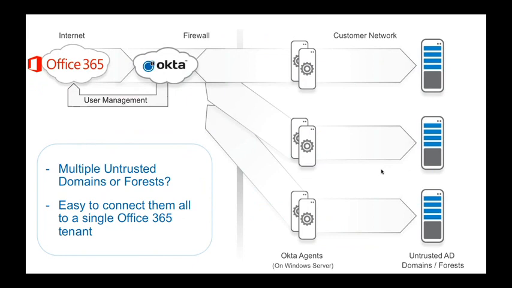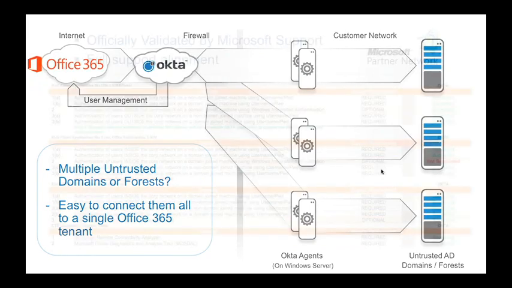But actually with Okta, what you can do is point all these untrusted domains to the Okta tenant, and we can recognize where those different untrusted domains are. So when the user comes in to authenticate, we can delegate the authentication down to the appropriate AD forest and validate those credentials and give access to the Office 365 tenant. So rather than having to go through complex domain consolidation projects for an Office 365 deployment, we can very much simplify that element as well.